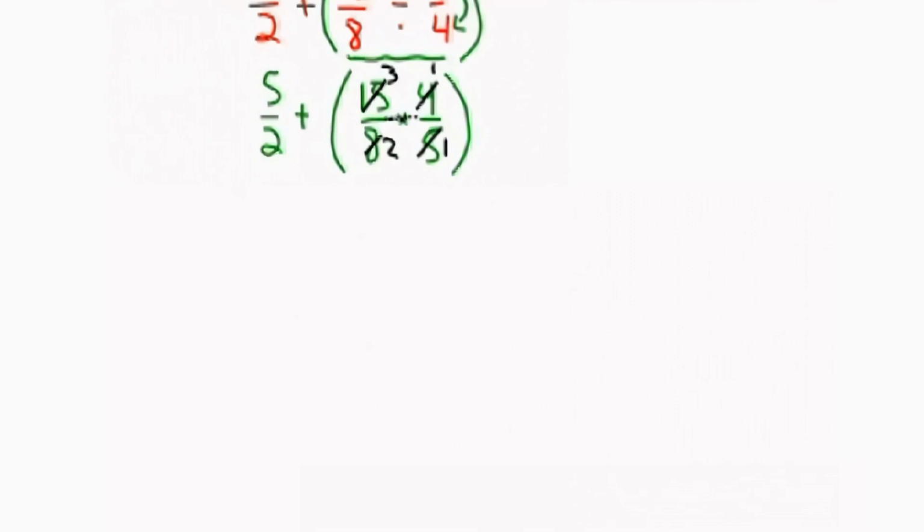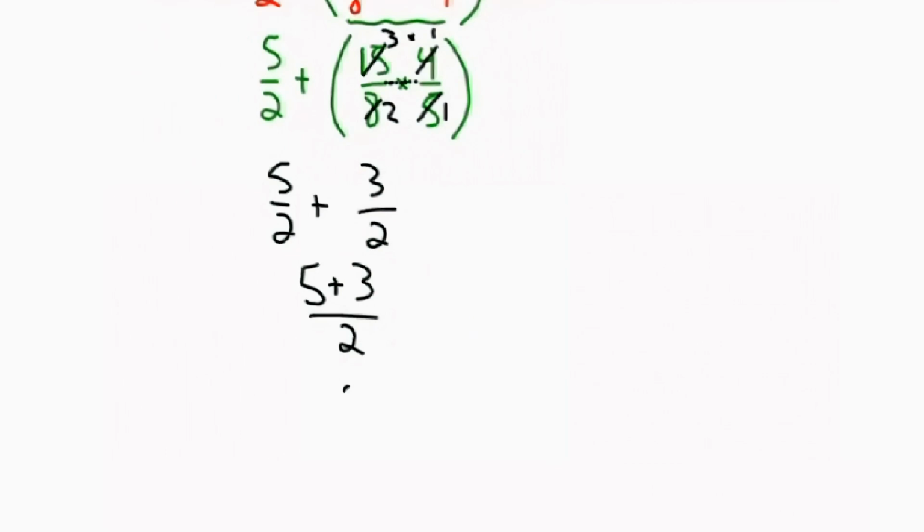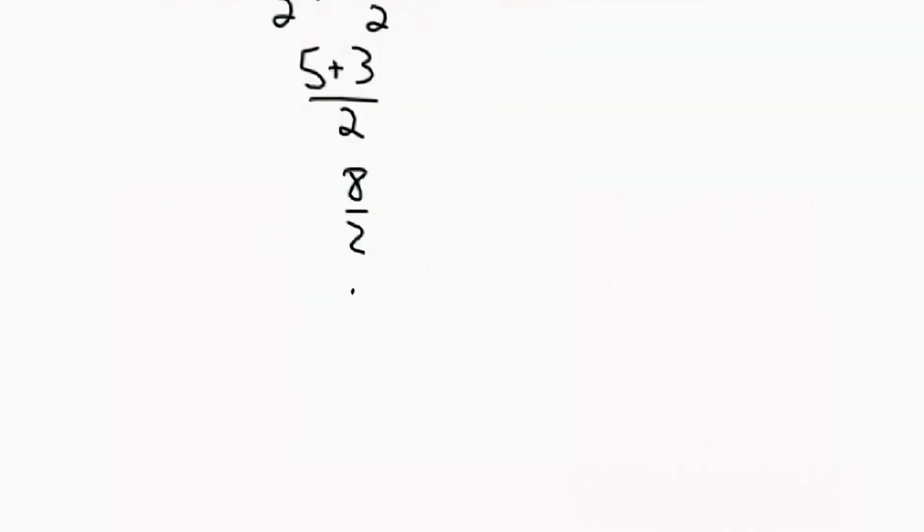So here we end up with now 5/2 plus, and 3 times 1 is 3, 2 times 1 is 2. So we get 5/2 plus 3/2. We already have a common denominator of halves, so that's the same as 5 plus 3 over 2, which is 8/2, which you can simplify, and that equals 4.